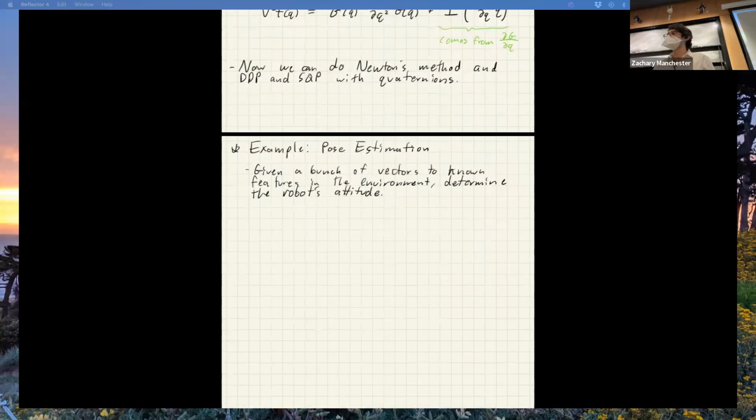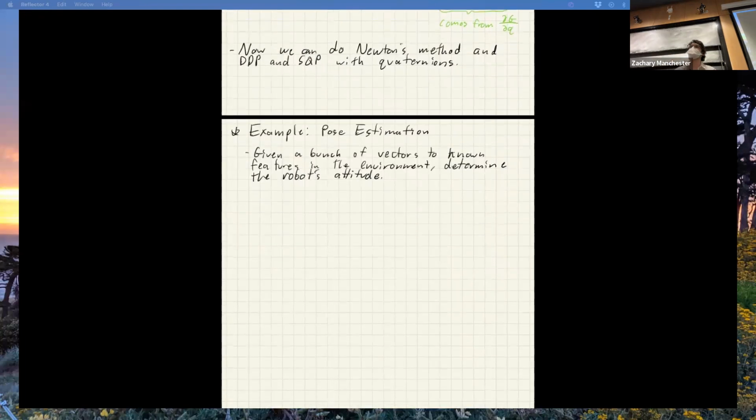This problem has a fun side note of history. It was posed as a challenge in a journal in the early 60s. This is very space age. Where this originally comes from is spacecraft attitude determination from star trackers. You have a camera and a map of the star field, and you see the stars in the camera, and you want to match the stars up to your map and figure out what the satellite's orientation is in the inertial frame.